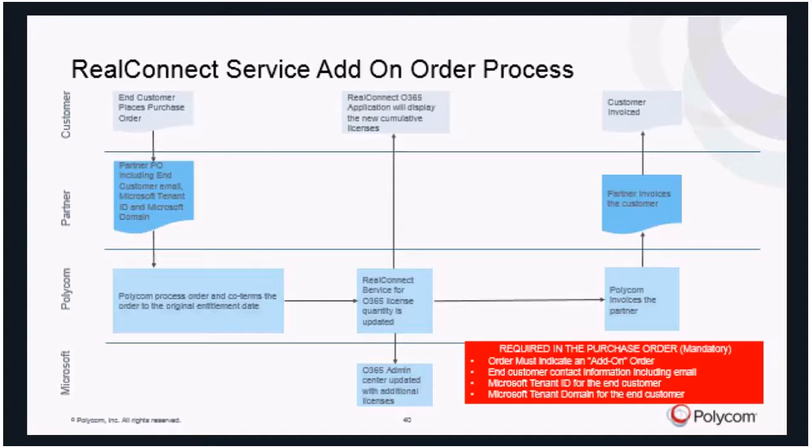So we give them those additional licenses. And then, again, we will invoice you and you're going to invoice the customer. So again, net new orders, we just need the customer global IT admin's email and contact information. Add-on orders, we're going to also need that same information and the Microsoft tenant ID and the domain.